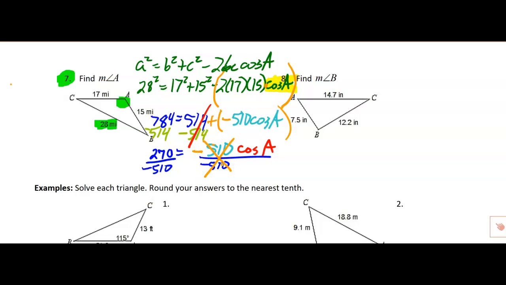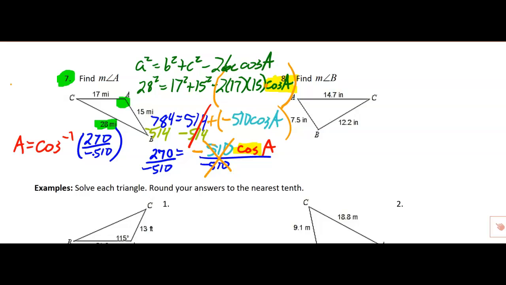Okay, the last step. I actually need to get rid of cosine off of here. How do you take, so you do what? Correct. So A equals the inverse cosine of 270 over negative 510.